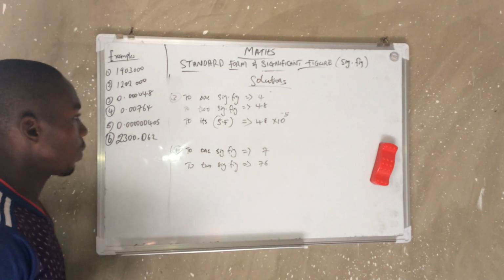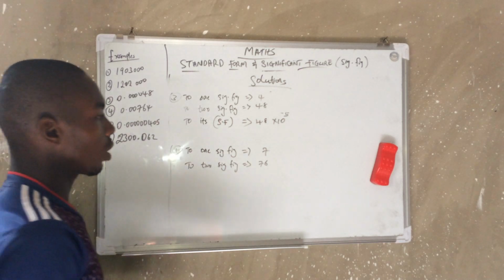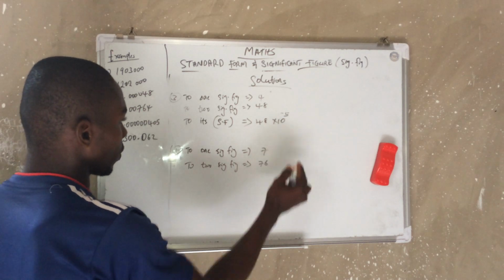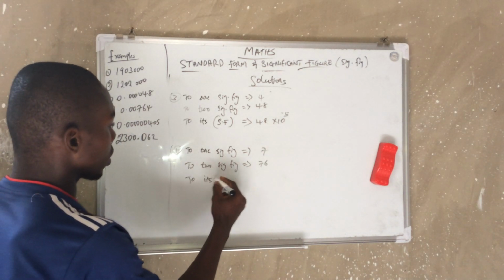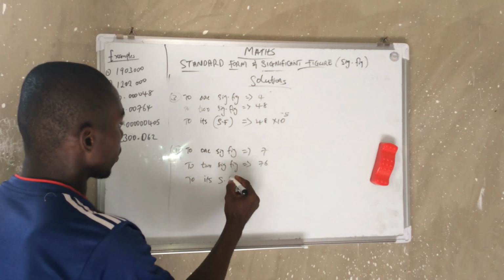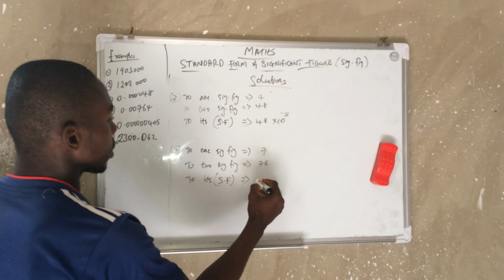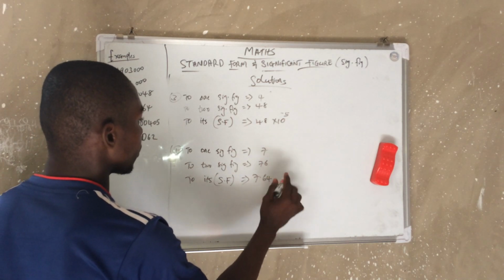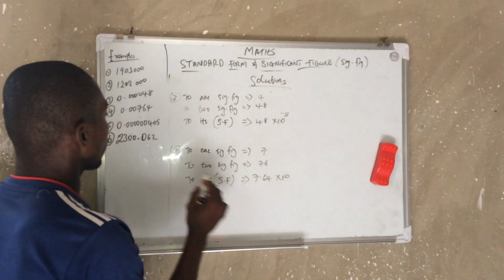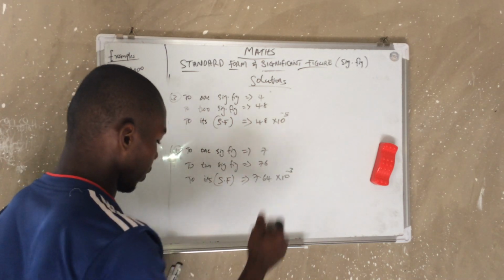Actually, if you want to round up, you can call this 8, but let me leave it at 7. So now to its standard form, we have what? 7.64 times 10 raised to the power what? 1, 2, 3, negative 3.